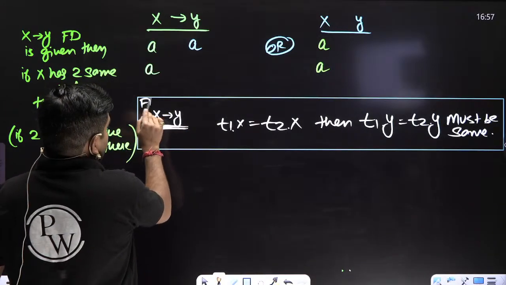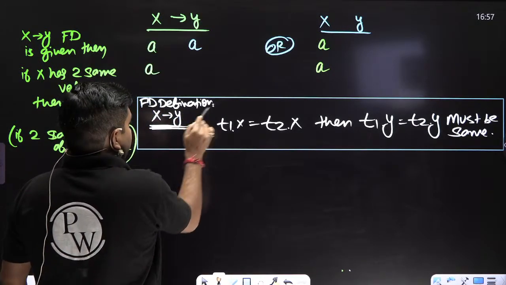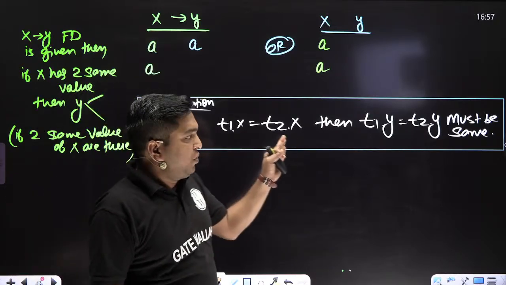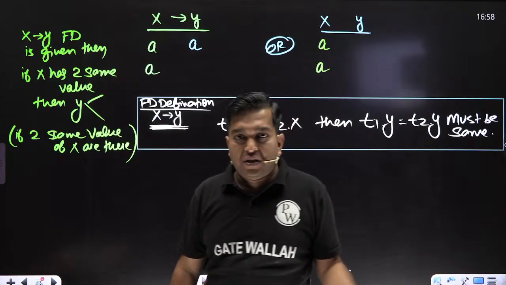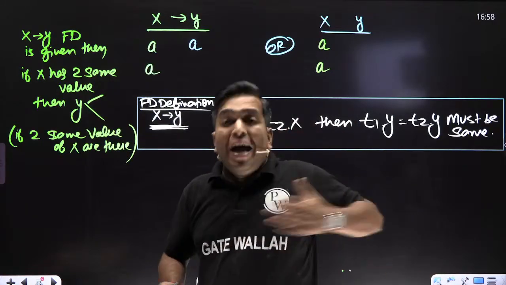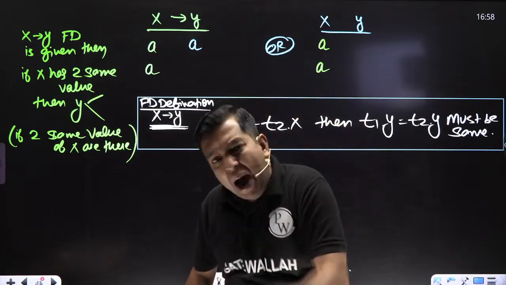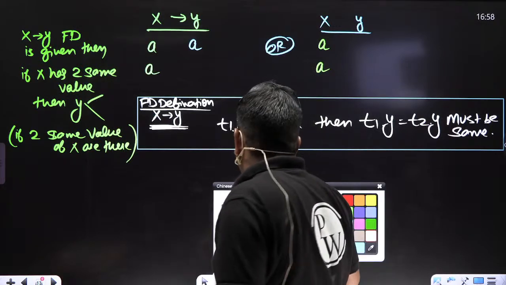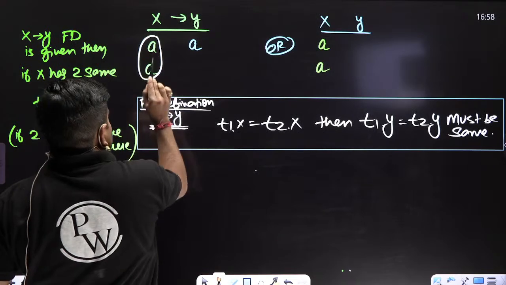What is the FD definition? X determines Y means: if T1.X equal to T2.X, then T1.Y equal to T2.Y must be. For example, if my roll number repeats, then my result will be displayed. So here you can see there are two values of X that are the same.